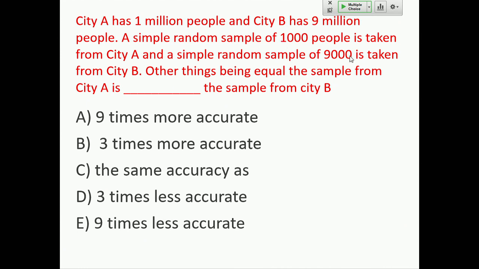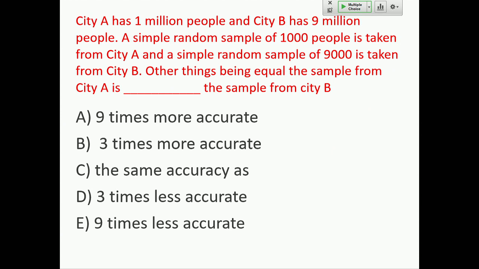But this one, remember, this million doesn't enter into our standard error formulas, the capital N, unless we use the correction factor. So if you have 9 times as many people, your standard error is going to be divided by the square root of 9, by 3. So other things being equal, this is a smaller sample, so it's 3 times less accurate. Not 9 times less accurate, but 3 times. That's a hard question.